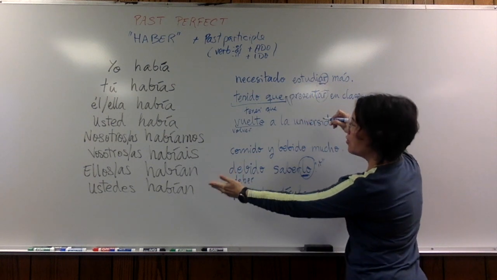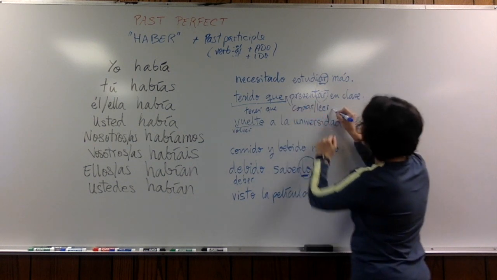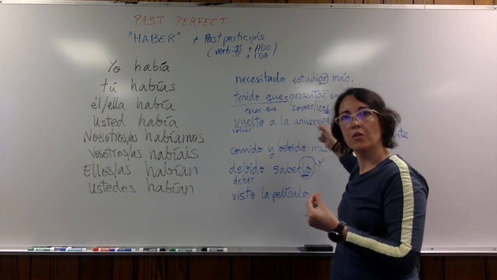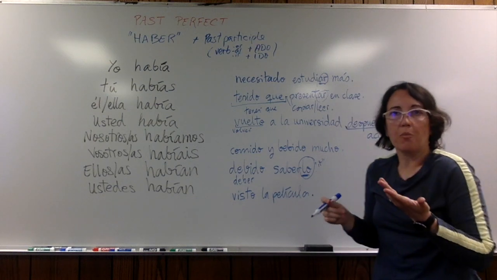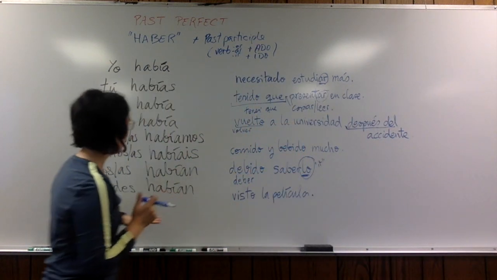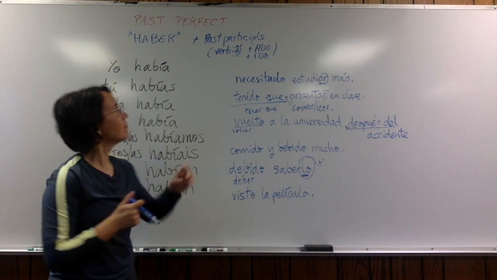Por ejemplo, ellos habían tenido que copiar o leer. They had to read, they had to copy 100 pages. So I hope this is easy for you. When we make the negative, where do we put the no? Here.